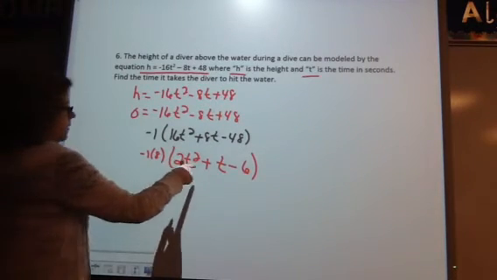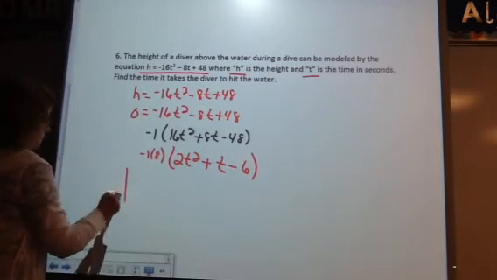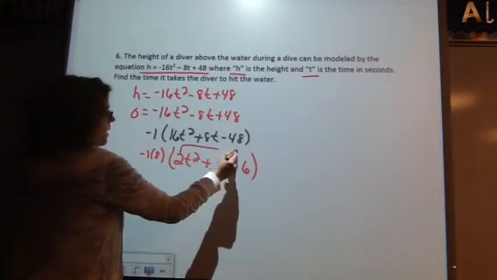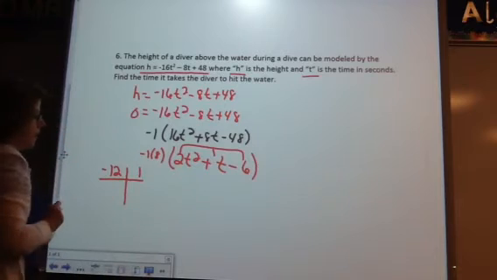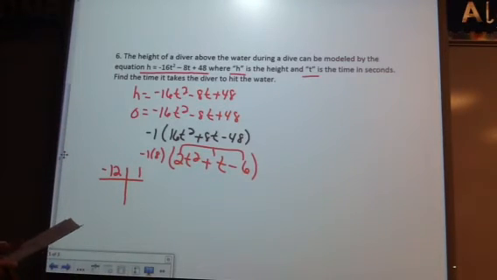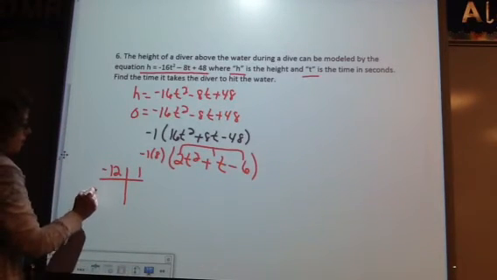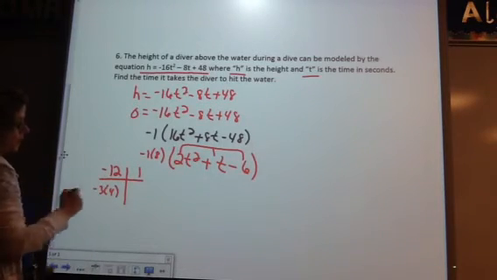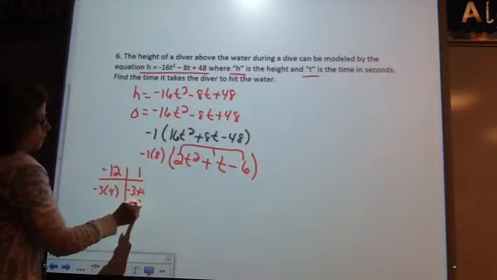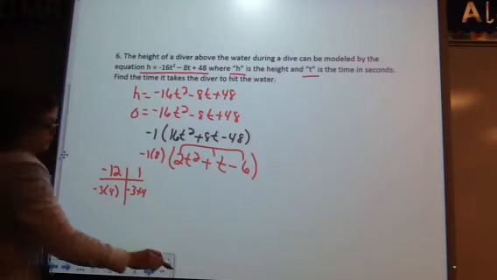All right, so let's factor this. When we multiply, we get -12, but when we add, we get a +1. Okay, so if we have -3 times a +4, -12, -3 plus 4, +1.